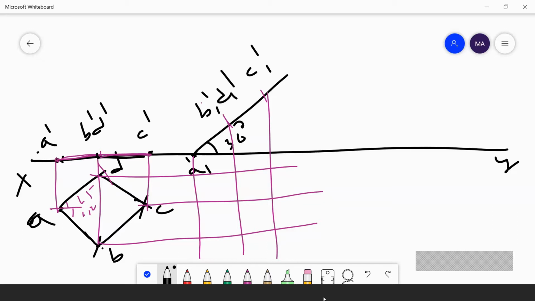Here I have A1 dash, here I have A. Here I have B, D. This one is A1, this one is D1. I am marking B, C here. Okay. This is a C line. This is also a C line.